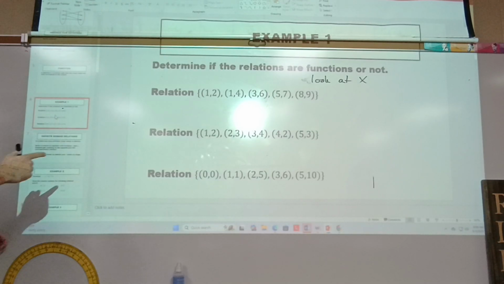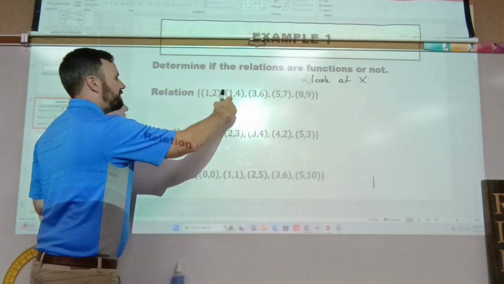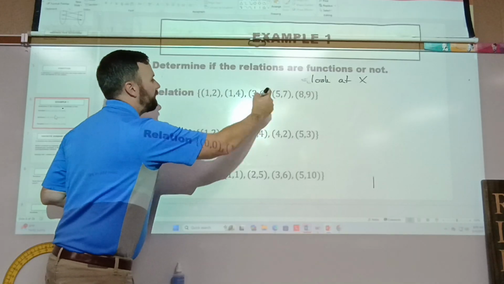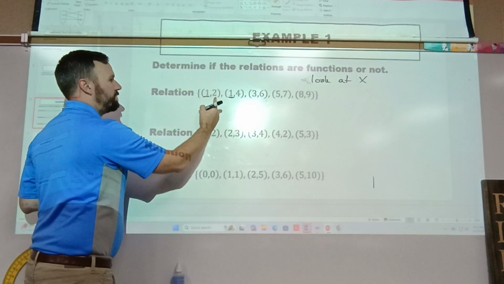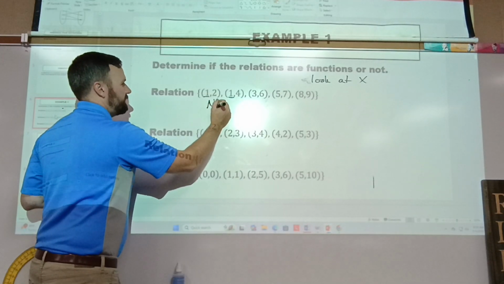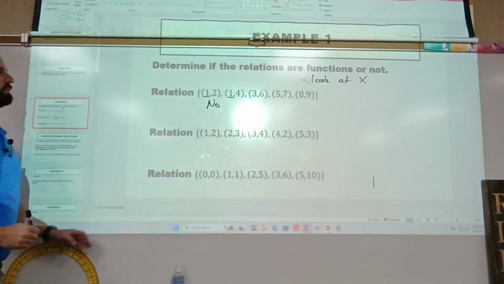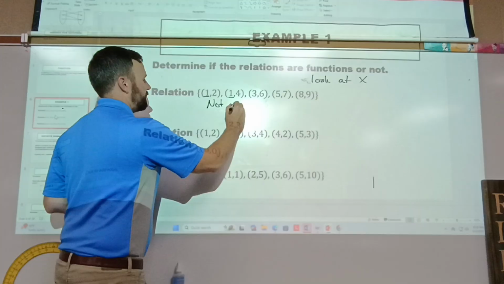So when I look at this relation, do I have any repeats on my x's? Yeah. Do they go to different numbers? Yeah, so that is a no. I'll put not a function.